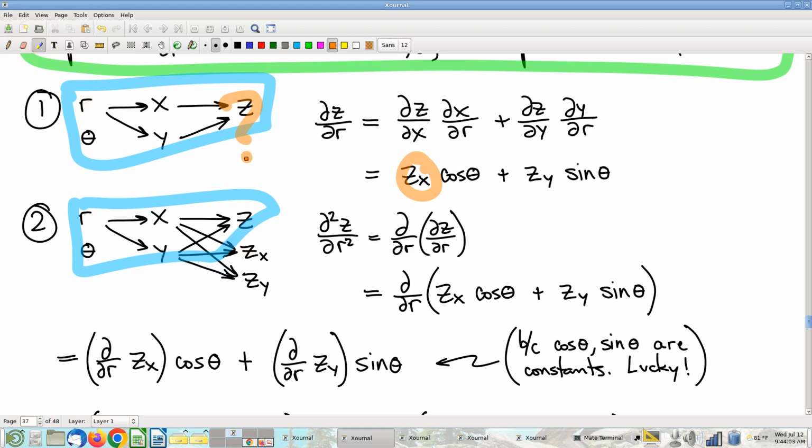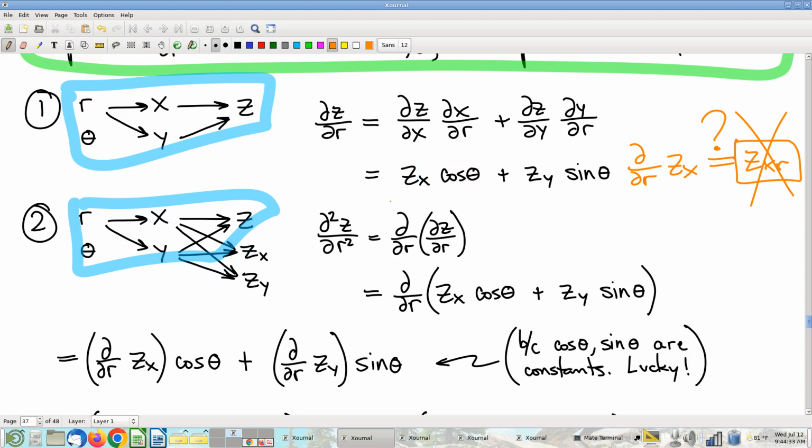Let me show you a nonsensical thing that some students will write down. Some students will say, well, let me not do that. If I were to want to take an r partial of zx, some students think, how about zxr? I claim that is nonsense. Let me explain why that's nonsense.